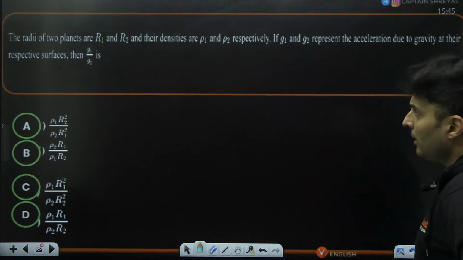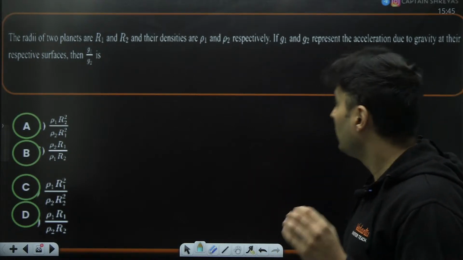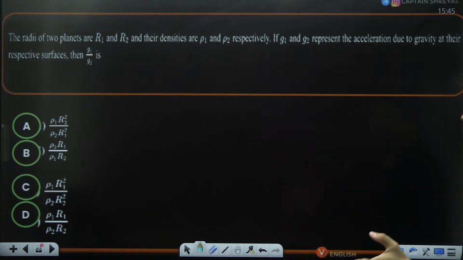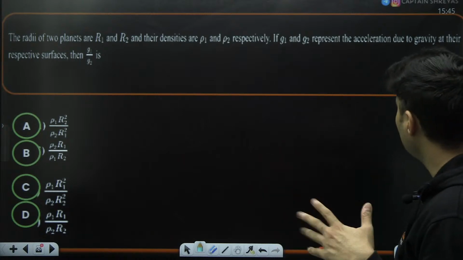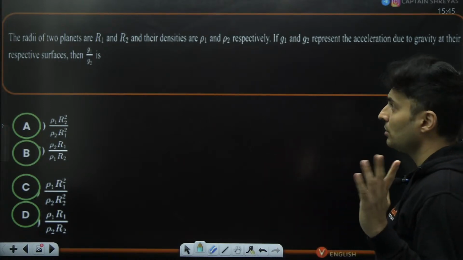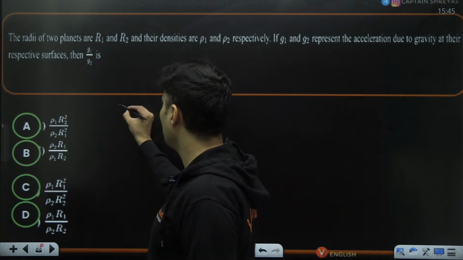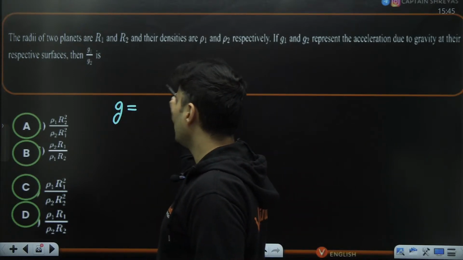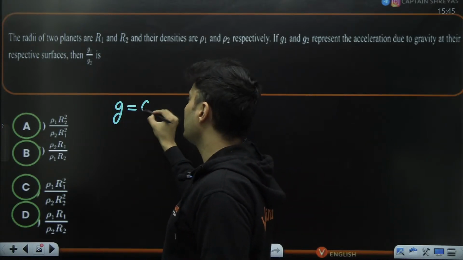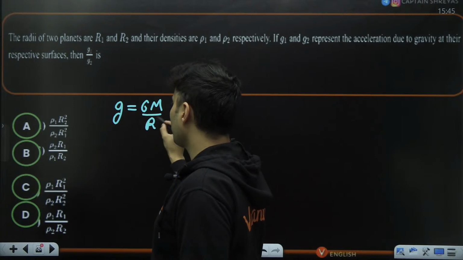The radii of the two planets and their densities are given. g1, g2 are the accelerations due to gravity. What is g1 by g2? Is acceleration due to gravity related to density? Let's see. It is GM by r square.